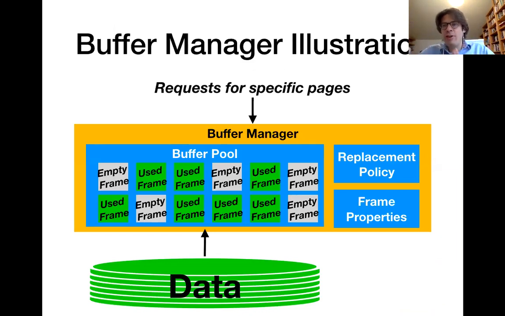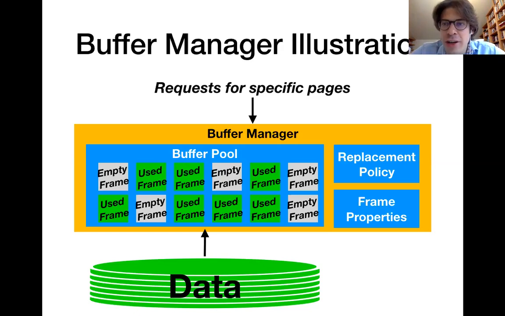The buffer manager manages the buffer pool, which is essentially the portion of main memory that is reserved for the database management system. And as you can see, it is divided into so-called frames, where each of the frames can fit one of the pages that we read from hard disk.